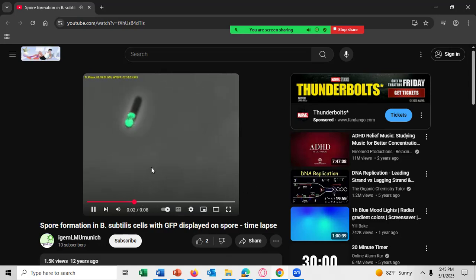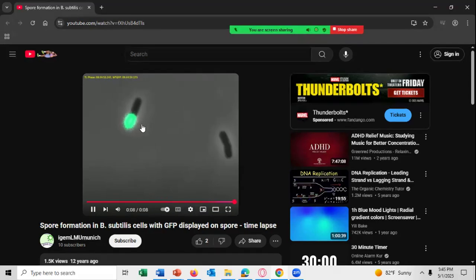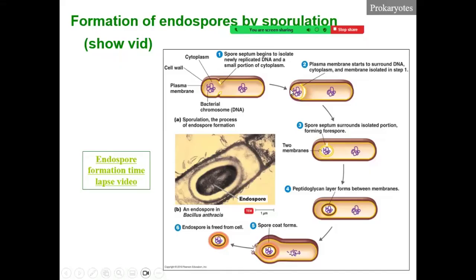So this cell is making an endospore. Like I said, not the best video, but it is a video. You should also notice that the cell over here, which was on the furthest to the left, moved a little bit inside the cell. That doesn't always happen. It depends on the species.